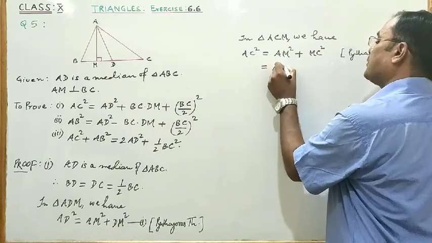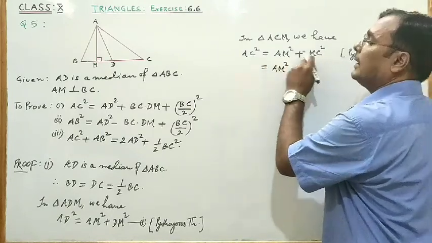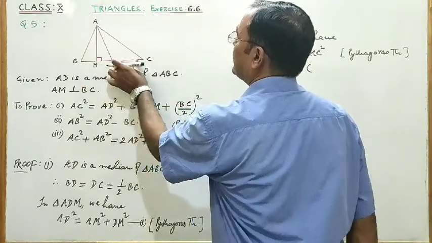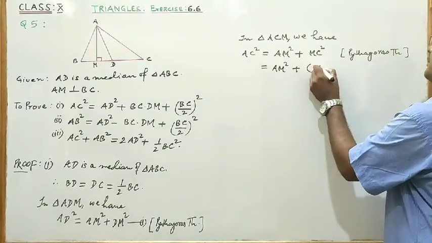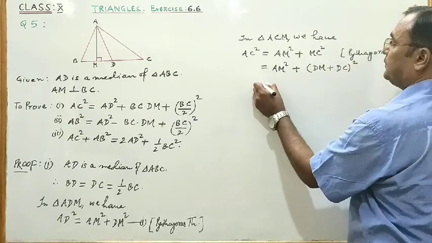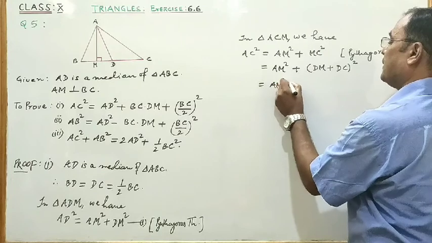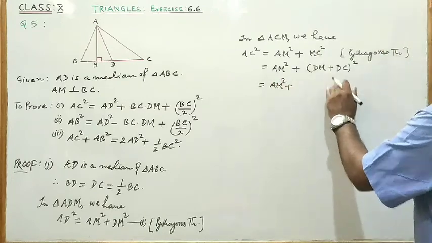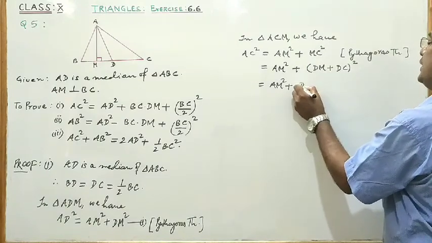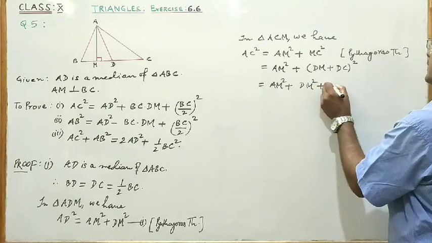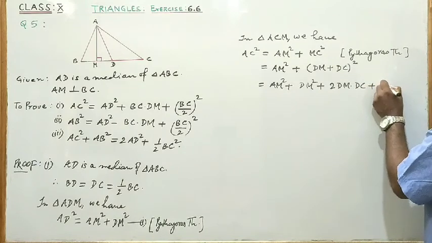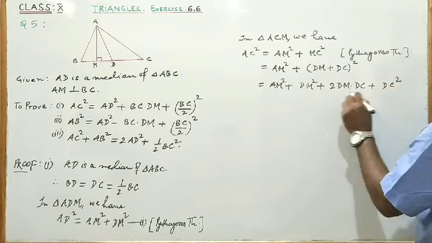This is AM square plus this MC can be written as DM plus DC. So DM plus DC whole square. So AM square plus, now expand DM plus DC whole square using a plus b whole square formula. So DM square plus 2DM into DC plus DC square.